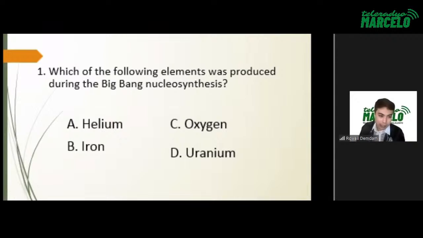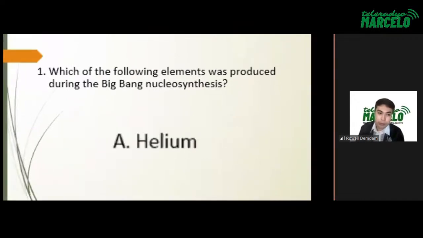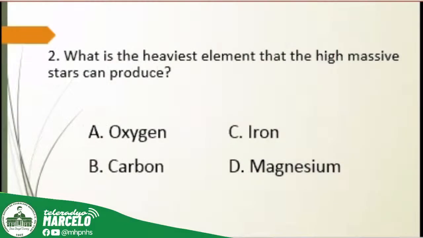So for the next problem, please keep on answering and assess yourself if you are getting the correct answer. Okay, for the second problem, what is the heaviest element that the high massive stars can produce?